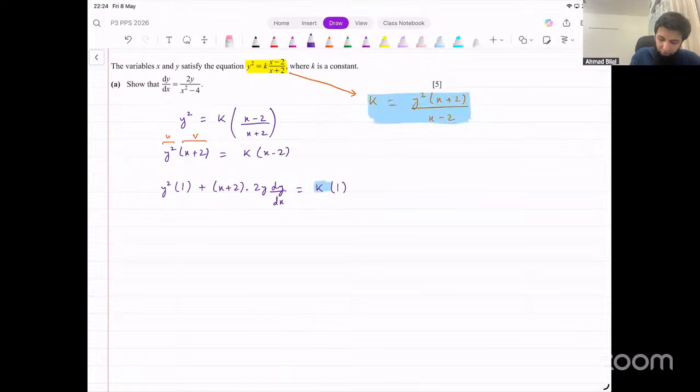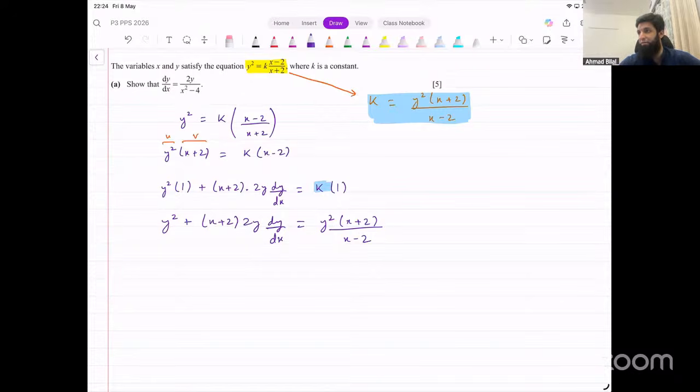Okay? Now, what do we get from this? y squared plus x plus 2 into 2y into dy over dx. On the right side, we get y squared into x plus 2 over x minus 2. So we get rid of k in the beginning.